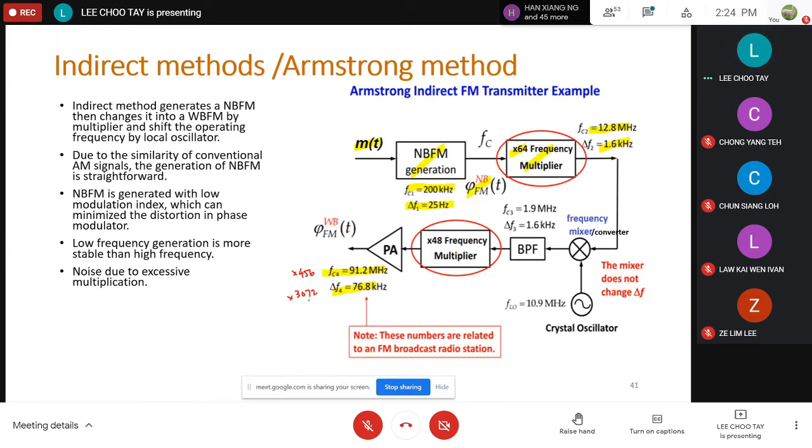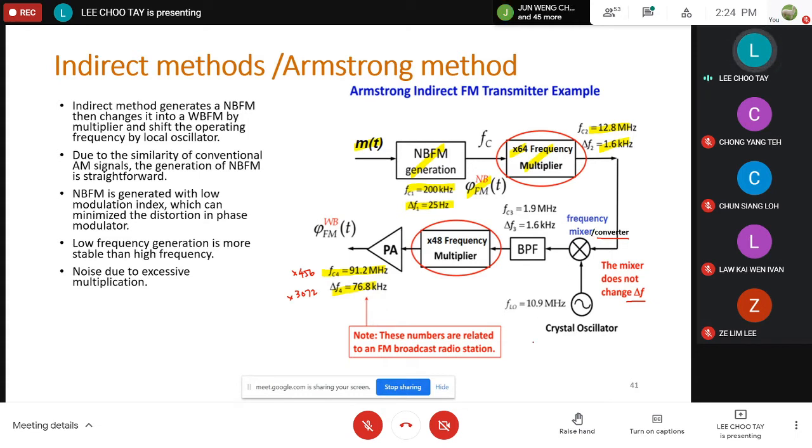To reduce the multiplication factor on the carrier frequency, we make use of a frequency mixer, also called a frequency converter, which shifts down the carrier frequency. The good thing about this frequency mixer is it does not change our frequency deviation. You only change the carrier frequency, but not the frequency deviation.